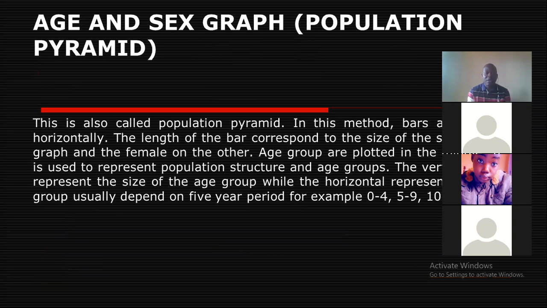So we want to take ourselves to the sex and age. This is another method. These are called the age and sex graphs. Sometimes some people call them the population pyramids.